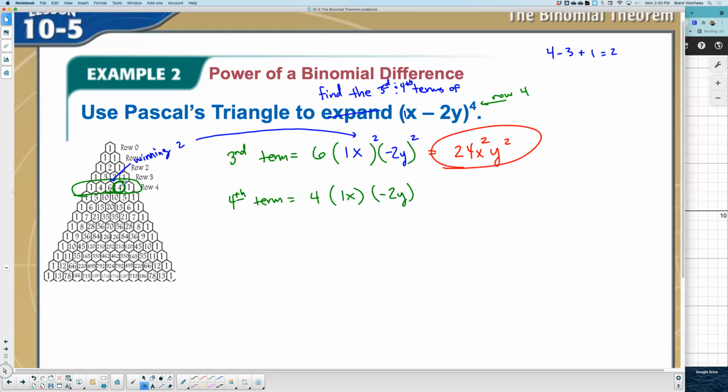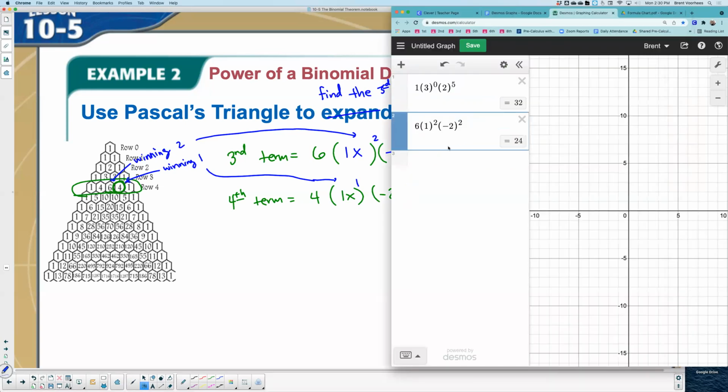Now, if you're on the 4th term, how many wins is that? Remember, a perfect situation is winning all of them. Here's winning all 4, winning 3, winning 2. This would be like winning once. So if you win once, how many times do you lose? You would lose 3 times. So let's type that in the calculator.